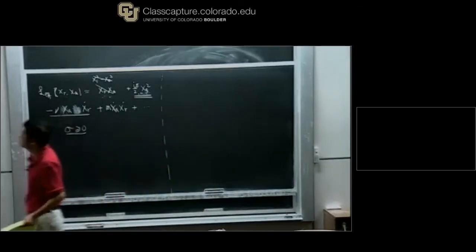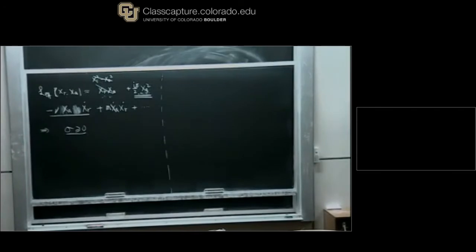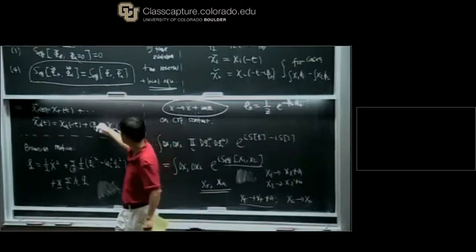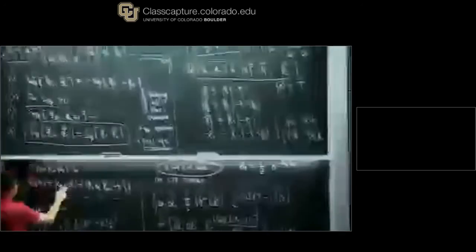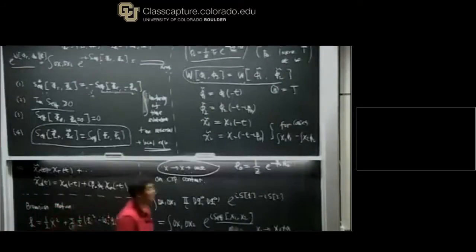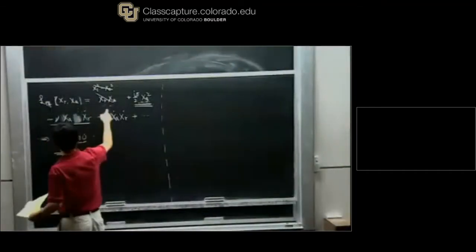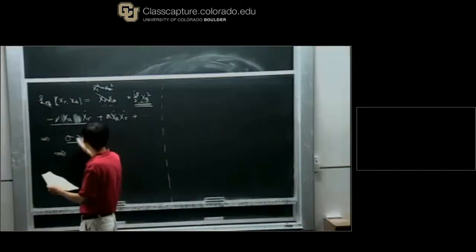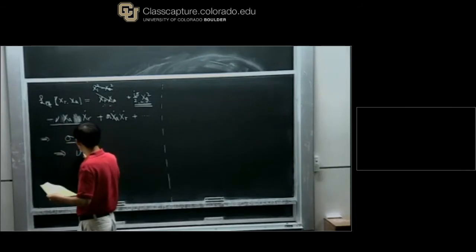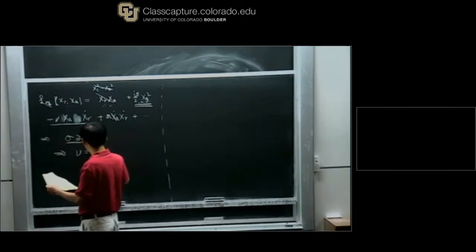And now let's impose this condition. Say the action has to be invariant under this transformation. Then you can just apply this, just replace this by x. And then you find there's a relation between them. Then you find that the condition applied to here tells you that the nu with this sign has to be equal to sigma times beta.